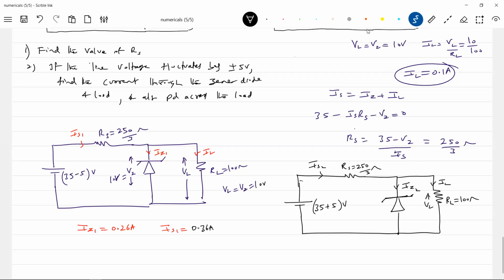What is the drop voltage? The line voltage will be this, and this will be equal to 10 volt.